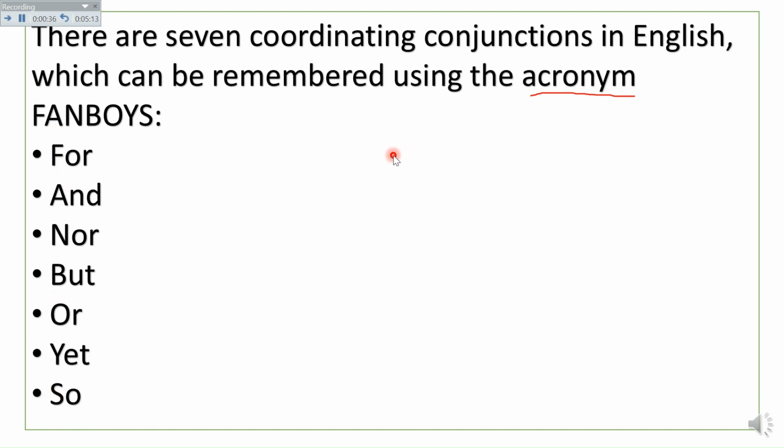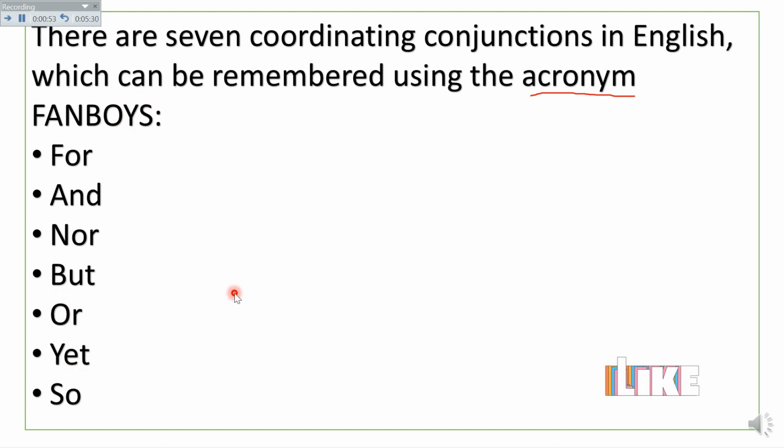So there are seven: for, and, nor, but, or, yet, so.